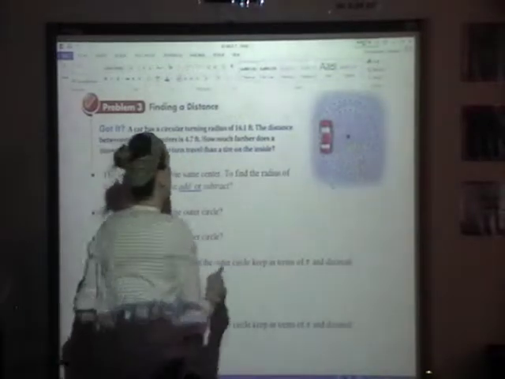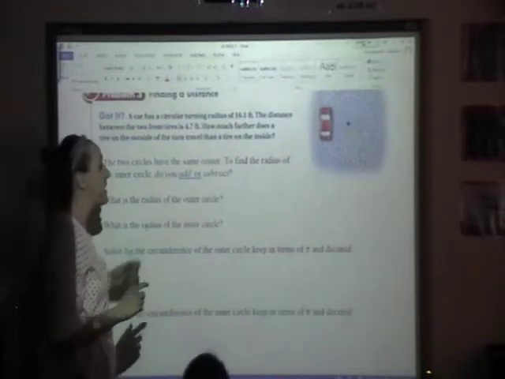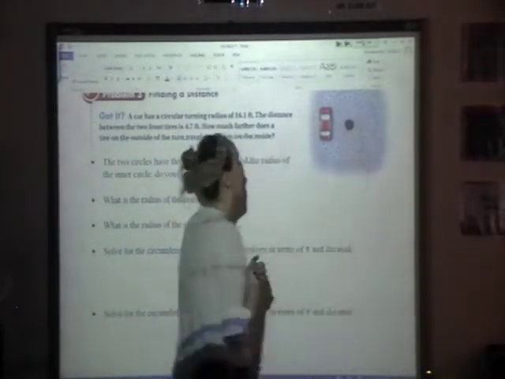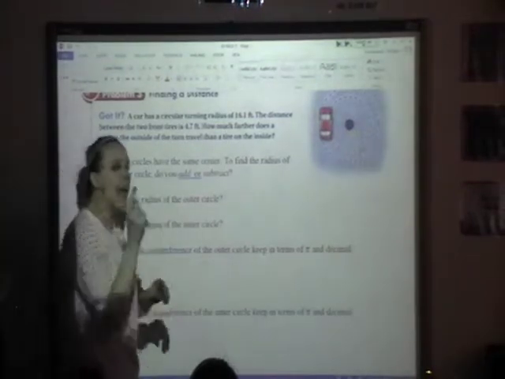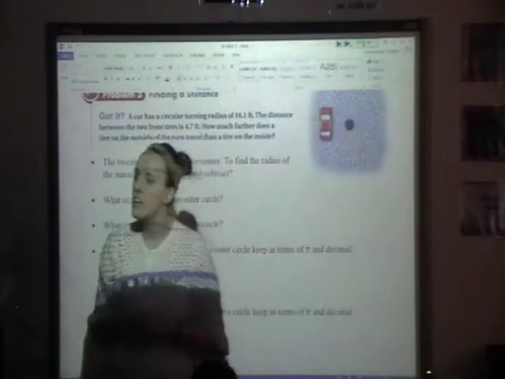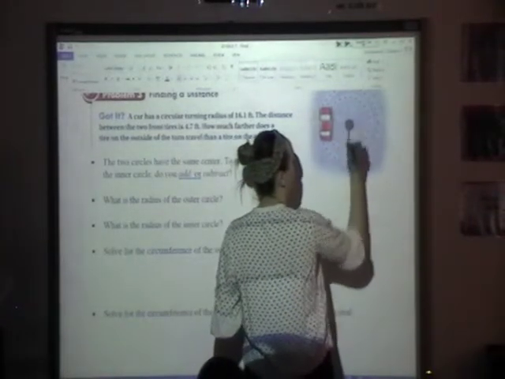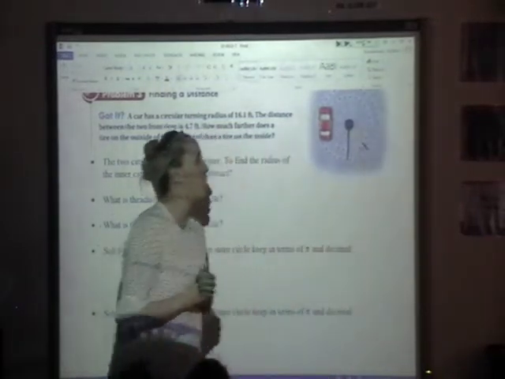Okay? So we have two circles that have the same center. Here's your center. We want to find the radius of the inner circle, and I'm going to ask you, are we going to add to find that? We know that the distance of our full circle is 16.1, and we know that the distance between the tires is 4.7.